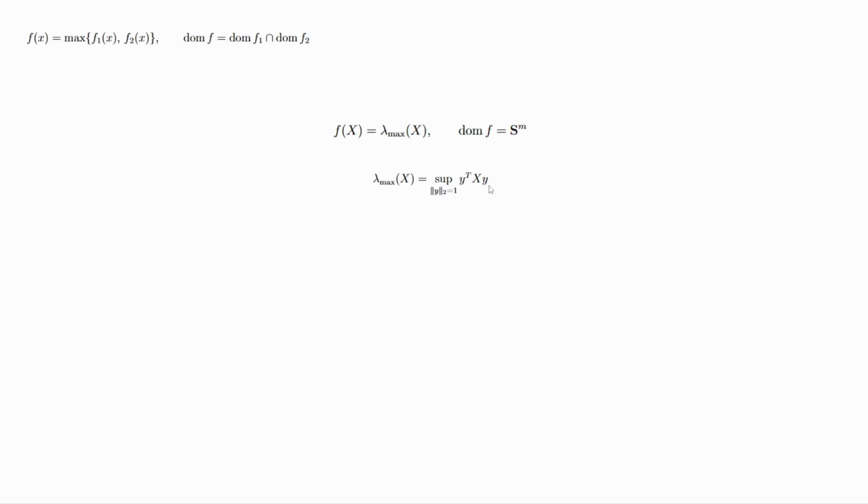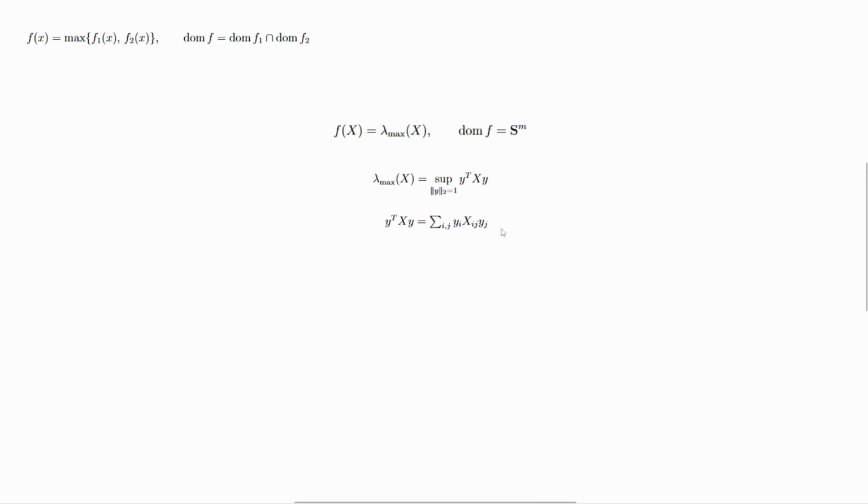You fix any particular unit vector y, then the expression y transpose xy is a function of x and is linear in x. You can verify by just writing out the extended form of y transpose xy by the double sum of xij and yj. So this is just the weighted sum of the entries of x.